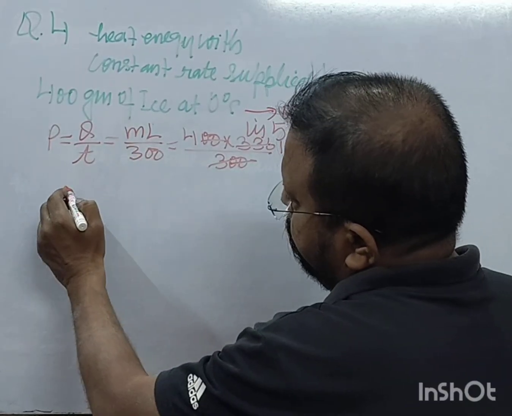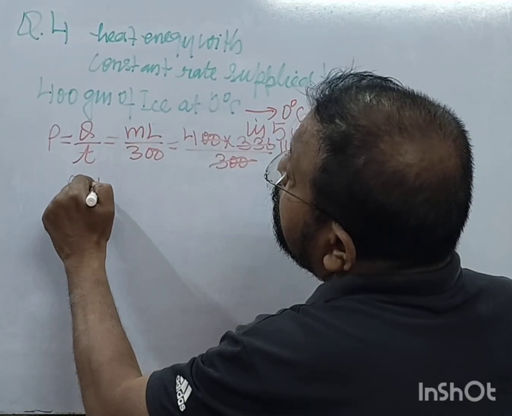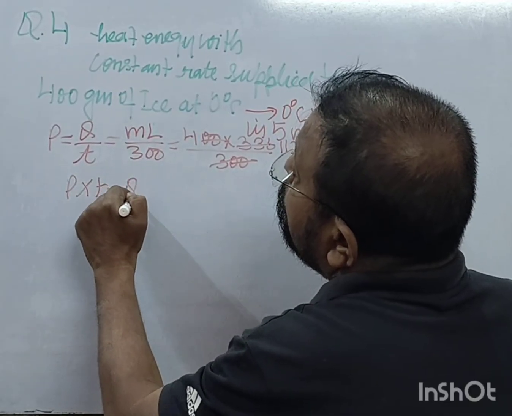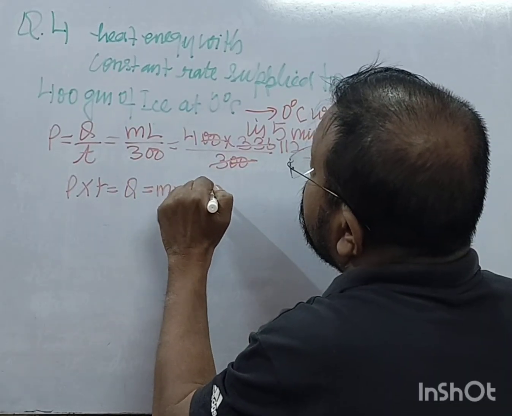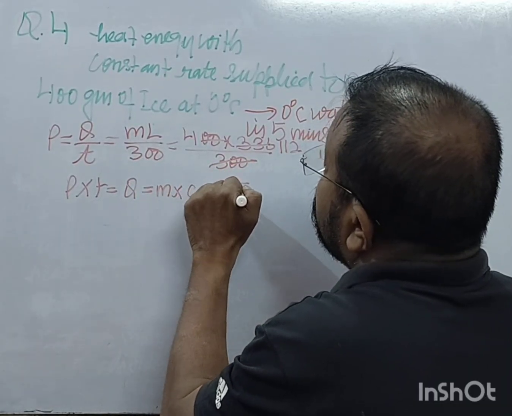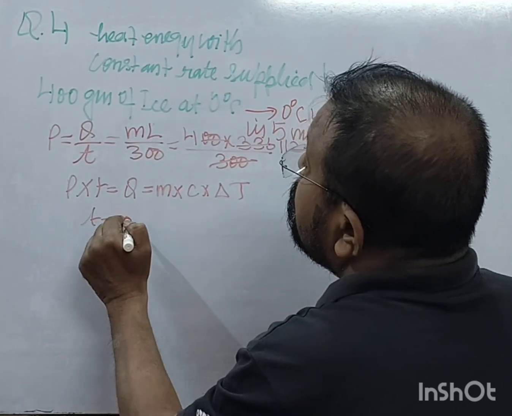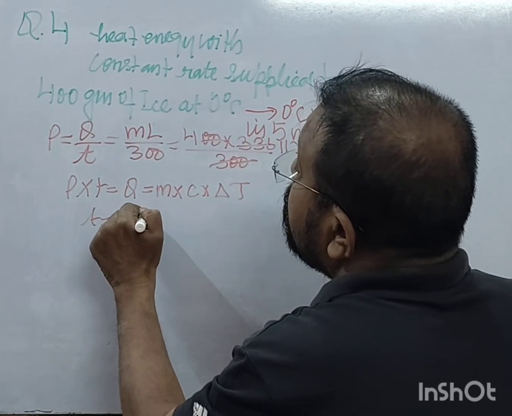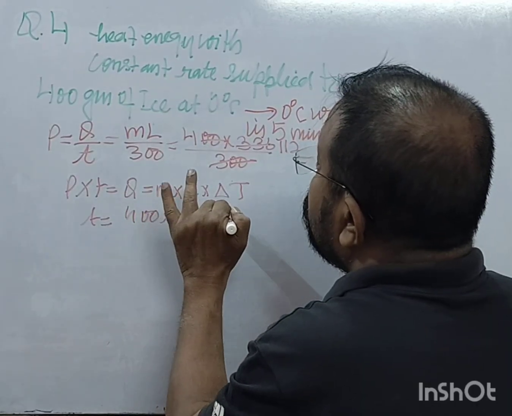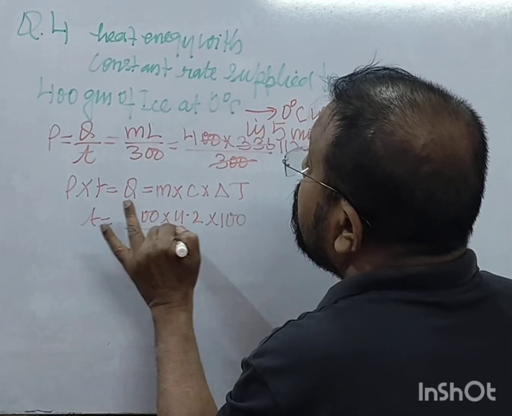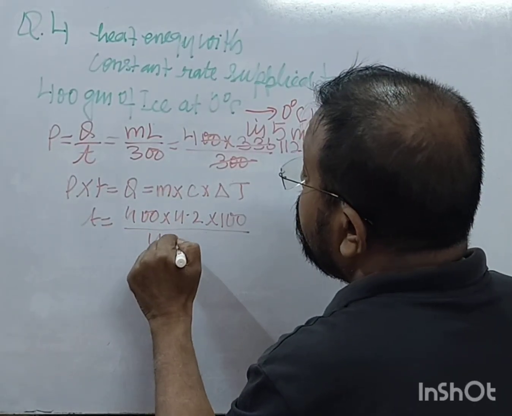अब P into T is equal to Q and Q is equal to M into C into delta T. So T is equal to M is 400 into 4.2 into 100 upon power is 448.